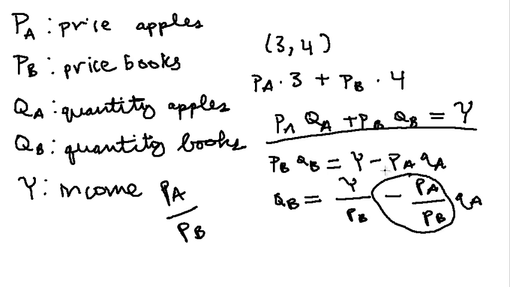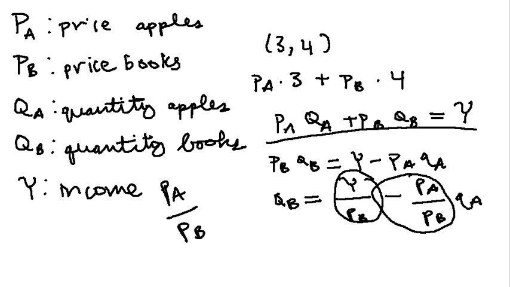We also know from the point-slope form that the y-intercept is Y over PB. The y-intercept, economically, is the most amount of good B that we can buy. So we know exactly what that amount is. Similarly, the x-intercept is Y over PA, the most amount of good A that we can buy.